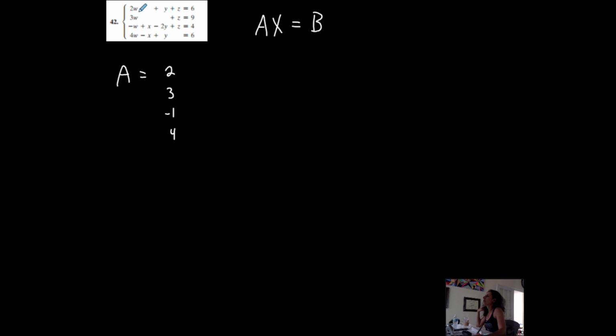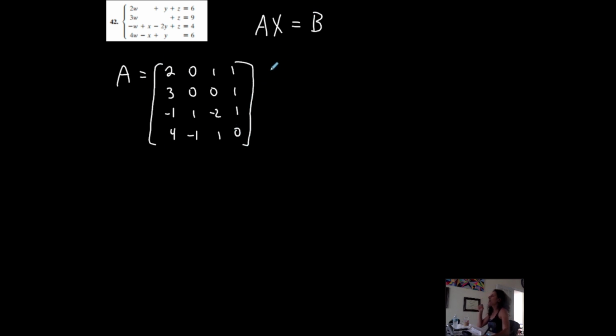My second column is going to be my coefficients of X, which is 0, 0, 1, negative 1. And then my Y column, 1, looks like no Y in this, so 0, and then negative 2, and then 1, and then my Z's, 1, 1, 1, 0. So A is my coefficient matrix.